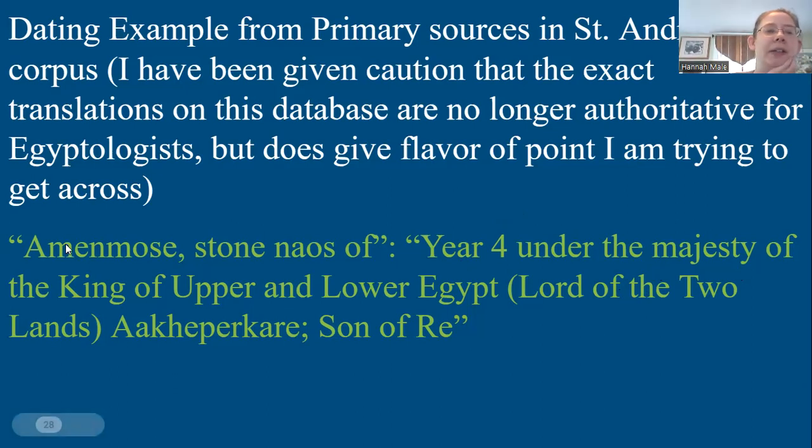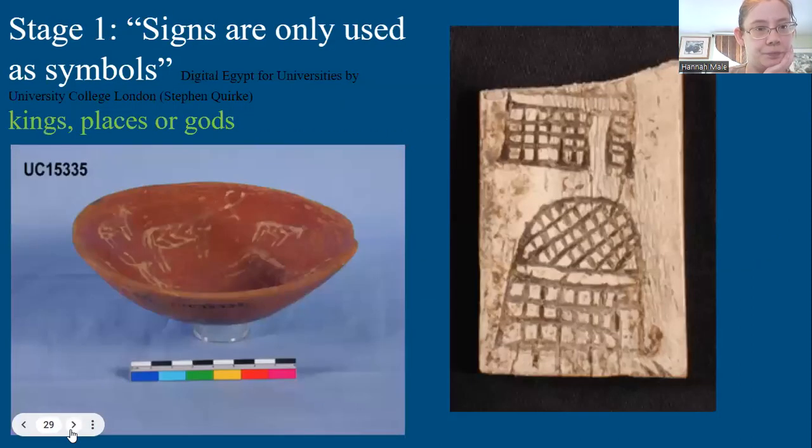So this is the king, Amen-Nos. It's his year 4 under the majesty of, and then it gives one of the royal titles. And it's from things like this that Egyptologists have extrapolated the calendar year dates that you see in textbooks and things like that.